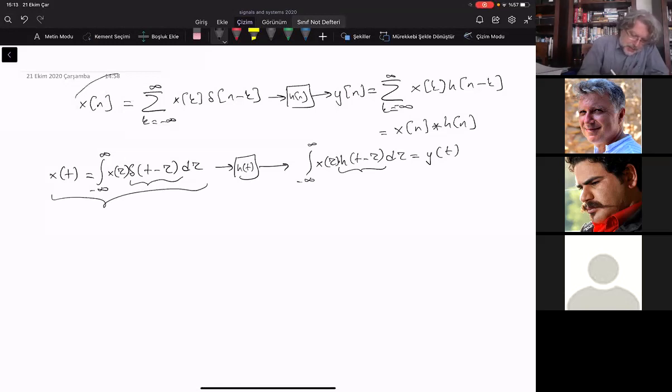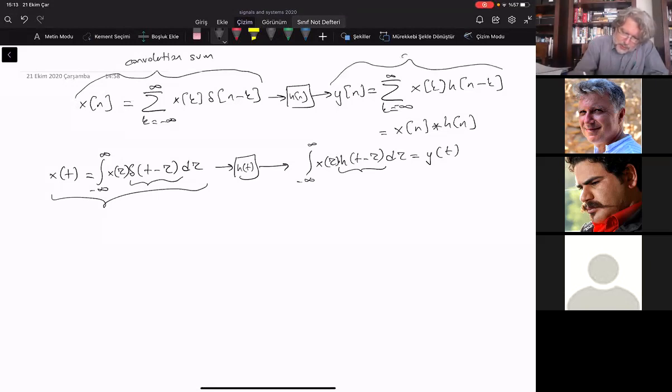And remember the names of these ones too. This one was the convolution sum. And this one is the convolution of x and h. And the integration terminology is convolution integral.